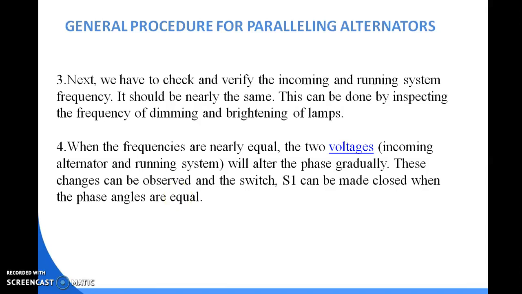So, only when all the conditions are satisfied, the machine can operate in parallel. Otherwise, the S1 switch cannot be closed, and the incoming machine cannot be paralleled with the existing or the running machine.